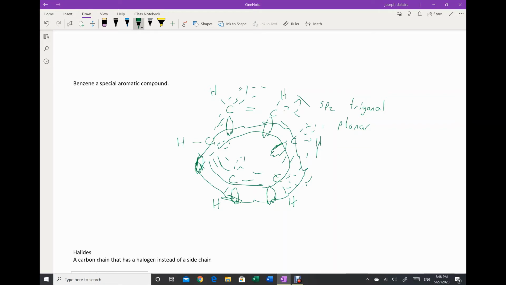The reason that this is important is that this double bond is not considered to be localized, but instead is considered to be a delocalized bond shared throughout the entire molecule. So when I originally drew this, I went C single, C double, C single, C double, implying that some of these bonds are double bonds and some of them are single bonds.